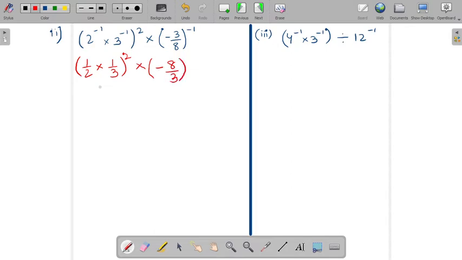Now what should be the next step? Multiply them together and the power is 2, multiply minus 8 by 3. Now in the next step you will write 1 by 6 multiply 1 by 6, or you can write it directly as 1 by 36 also. So this term you will get.